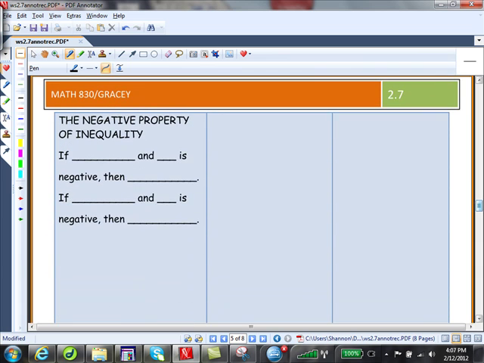Now, here's the kicker, the negative property of inequality. Okay? So, if A is less than B and C is negative, then A times C is greater than B times C. If A is less than B and C is negative, then A divided by C is greater than B divided by C. So when it's negative, you have to pay for it.